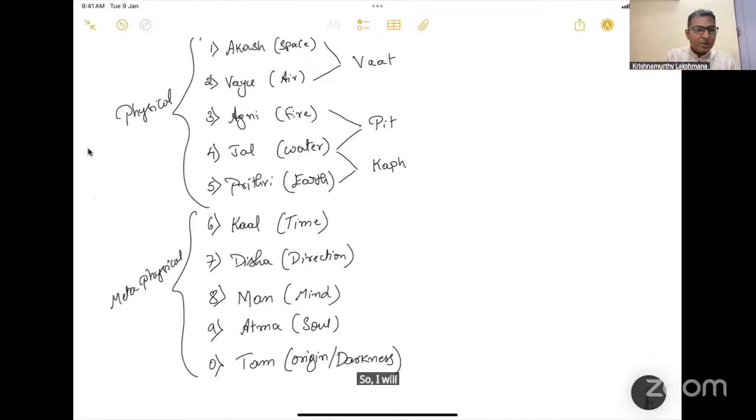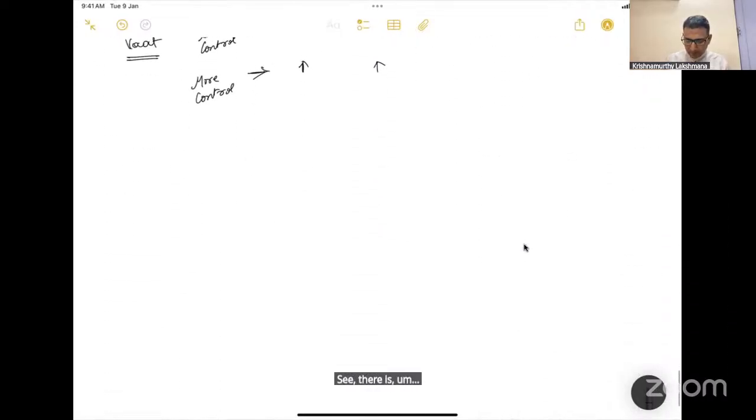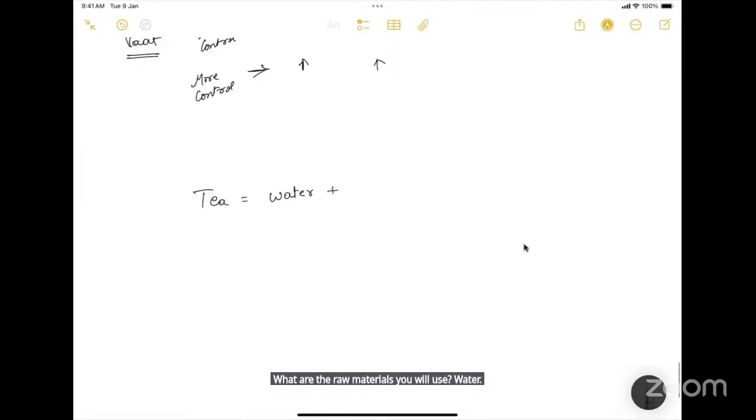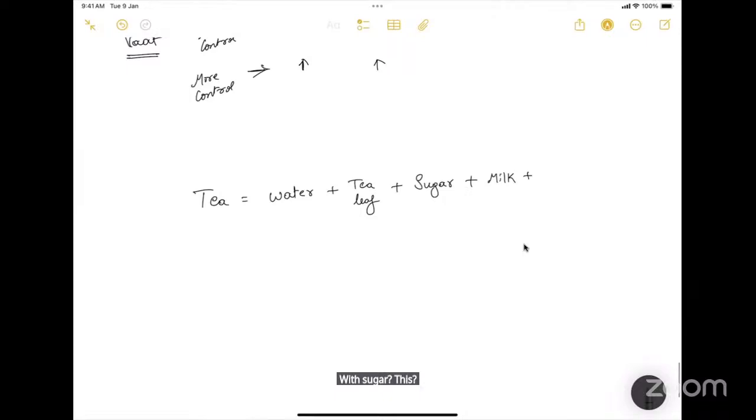So I will try to explain it in a slightly different way. Say now you have to make tea. What are the raw materials you will use? Water, tea leaf powder, sugar, milk, plus heat.